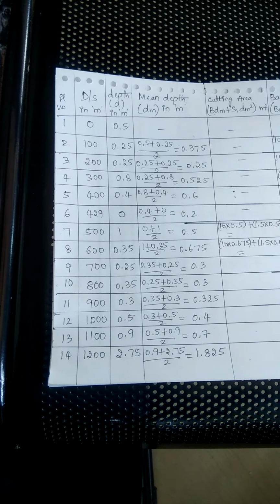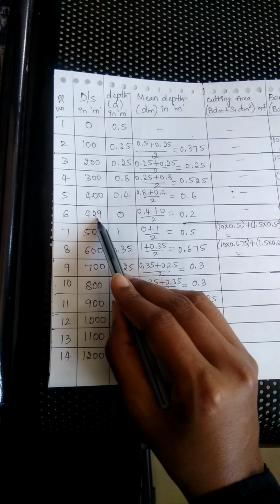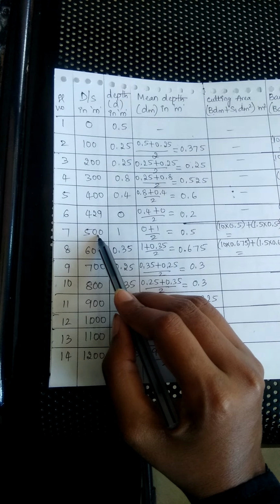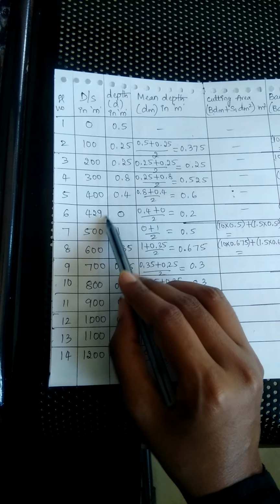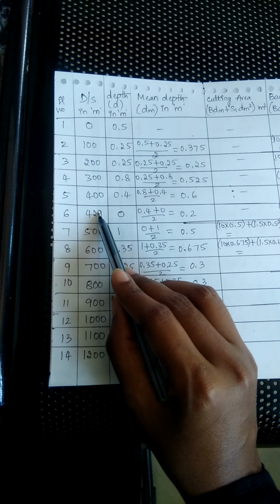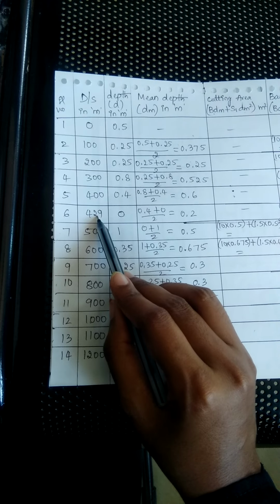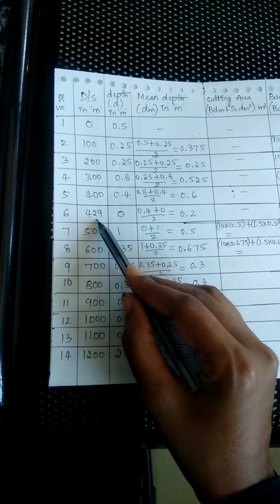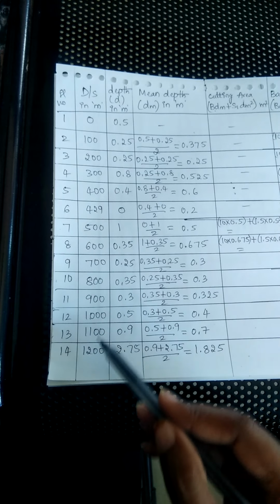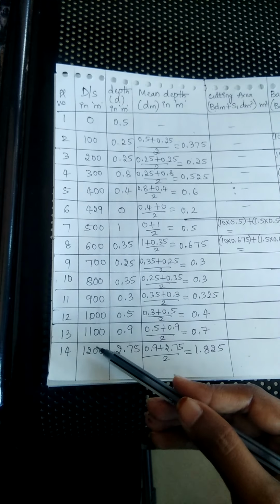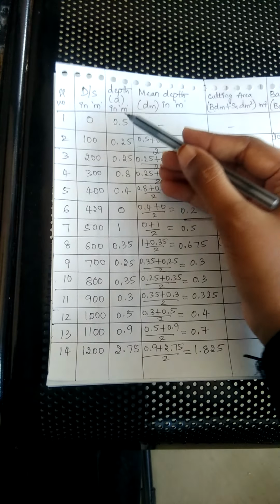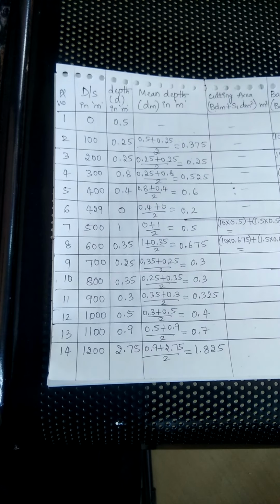While mentioning the distances, we had to add 429 in between 400 and 500 because we are getting the 0 meter depth at the chainage 429. So for that reason we had to add the distance 429 here, and then you go on writing 500 chainage till 1200, and then you mention the respective depths.